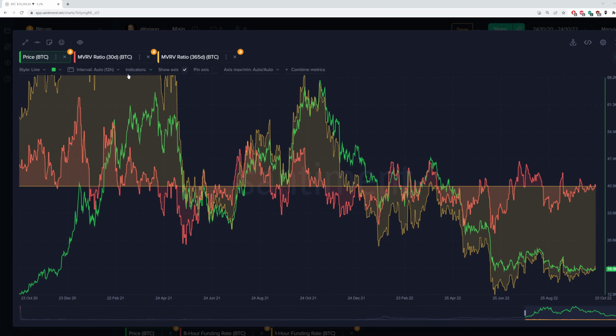If it's really high, that means that the average trader is way overheated. As we can see here, if you look at the left bubble, at one point it actually gets above 100%. This was right at a local top before it corrected down. You can see right here, the long term then goes down to about 62, 63%, and the shorter term MVRV is actually negative.